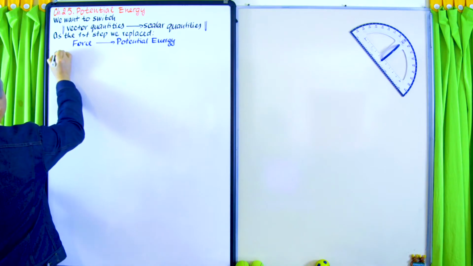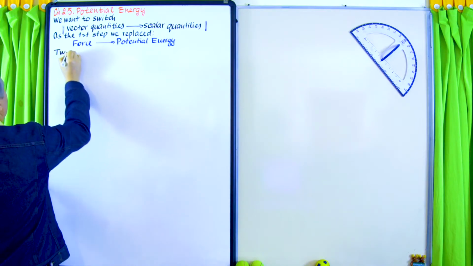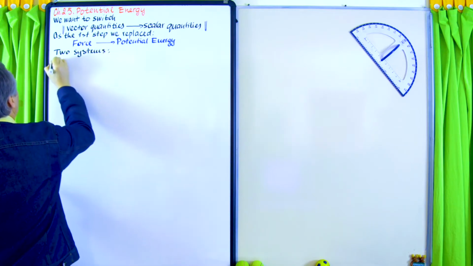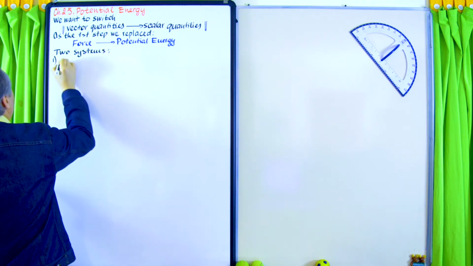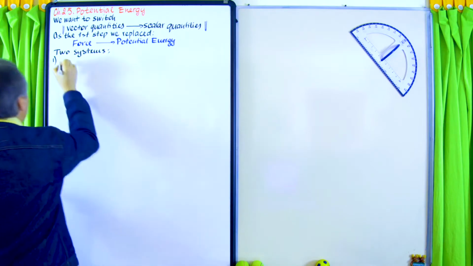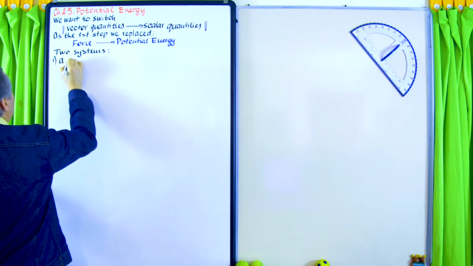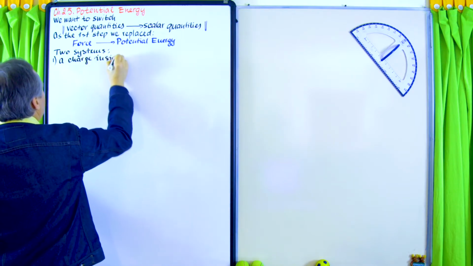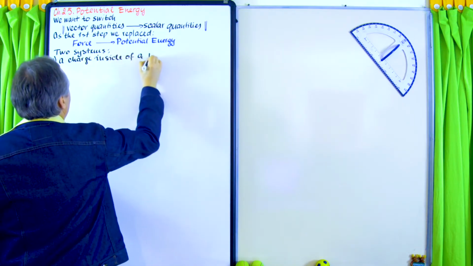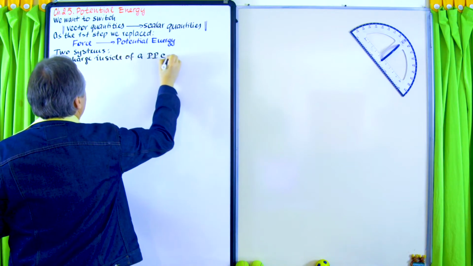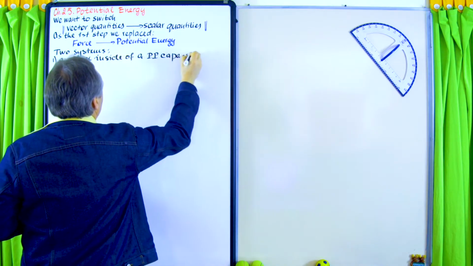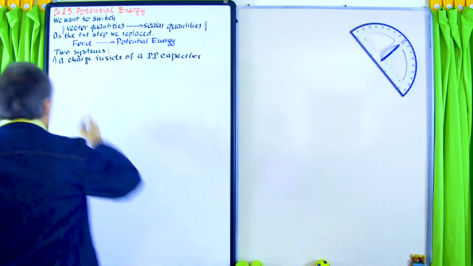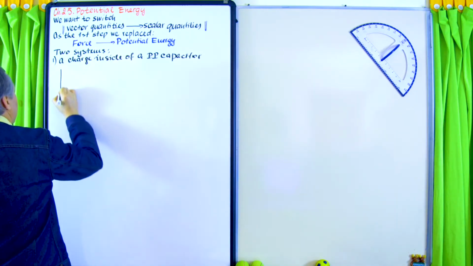Two systems, right? So the first one is a charge inside of a parallel plate capacitor, a PP capacitor. Okay, so let me draw the picture. All right.